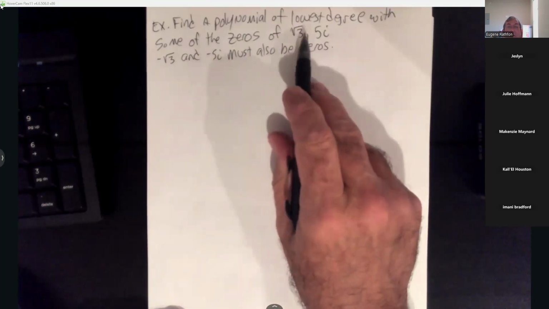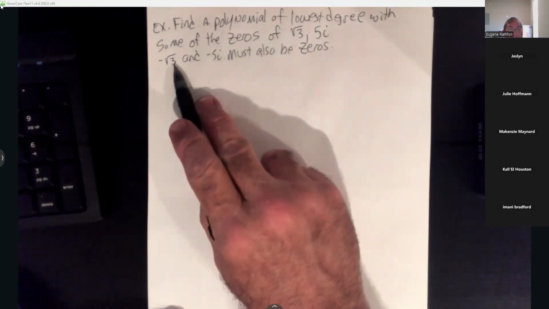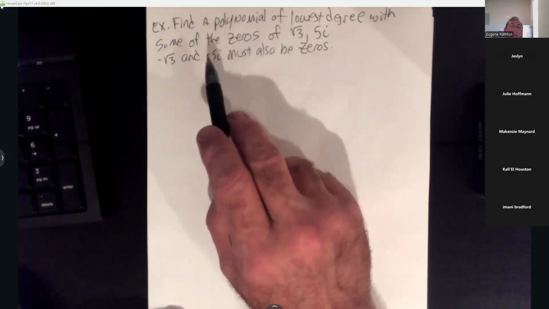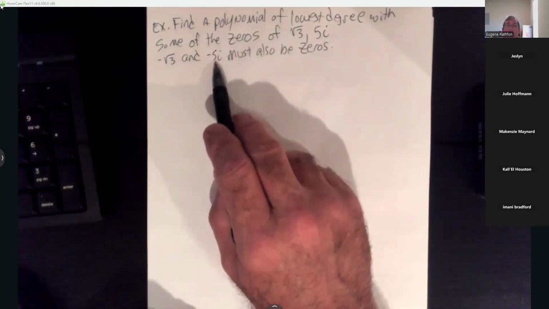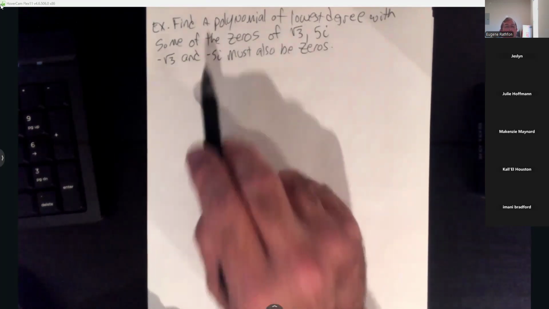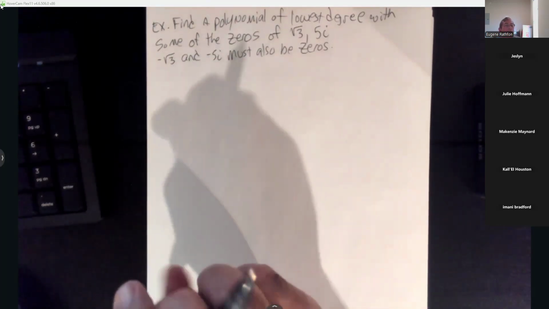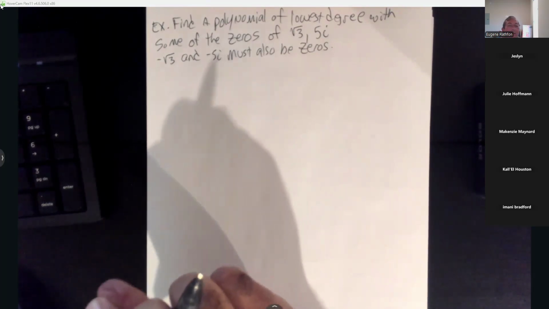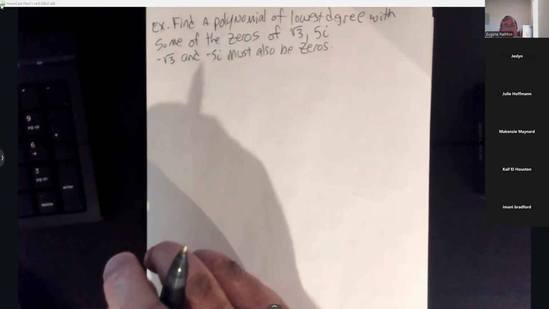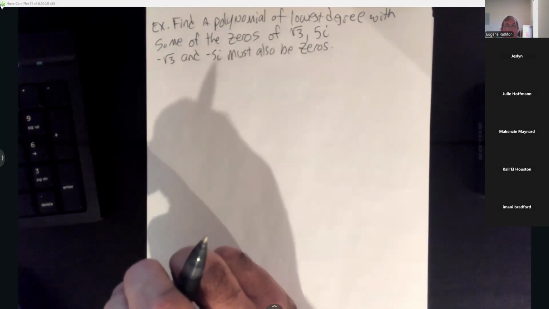So if they give you a radical, automatically its opposite or its conjugate. If they give you an imaginary, automatically its conjugate. So this means this polynomial is going to have 4 zeros, which will make it a degree 4 when we're done. My highest exponent will be a 4.